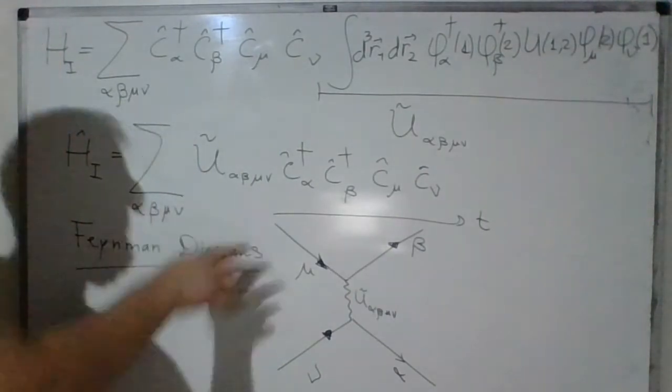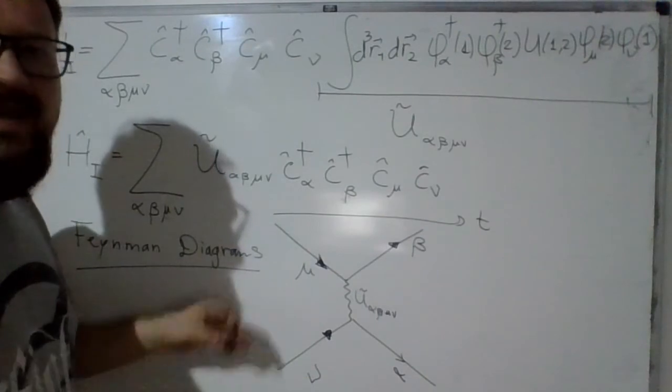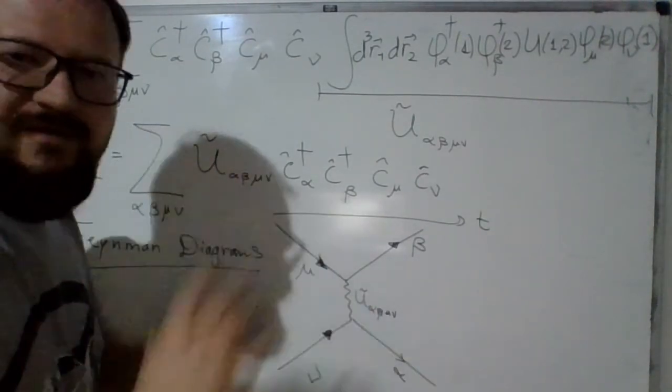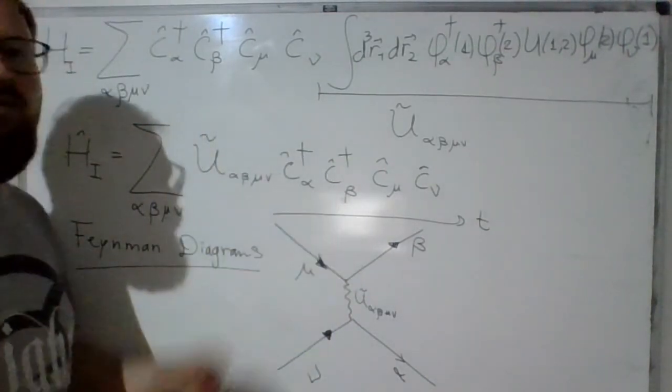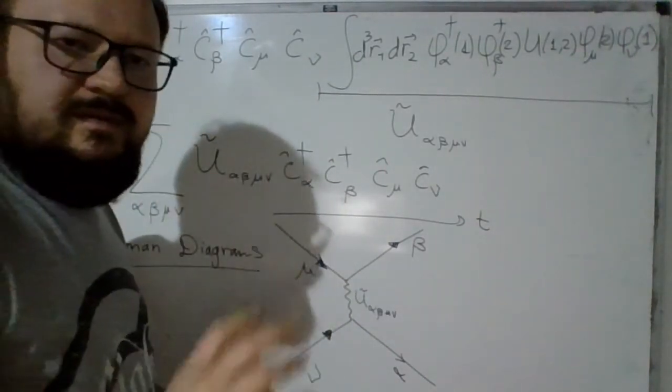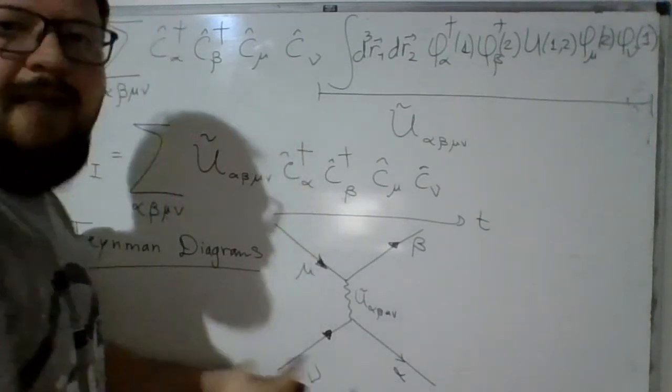And the Feynman diagram just corresponds to making a plot or a graph. It is a graphical technique which allows you to just see in an intuitive way what is happening here.